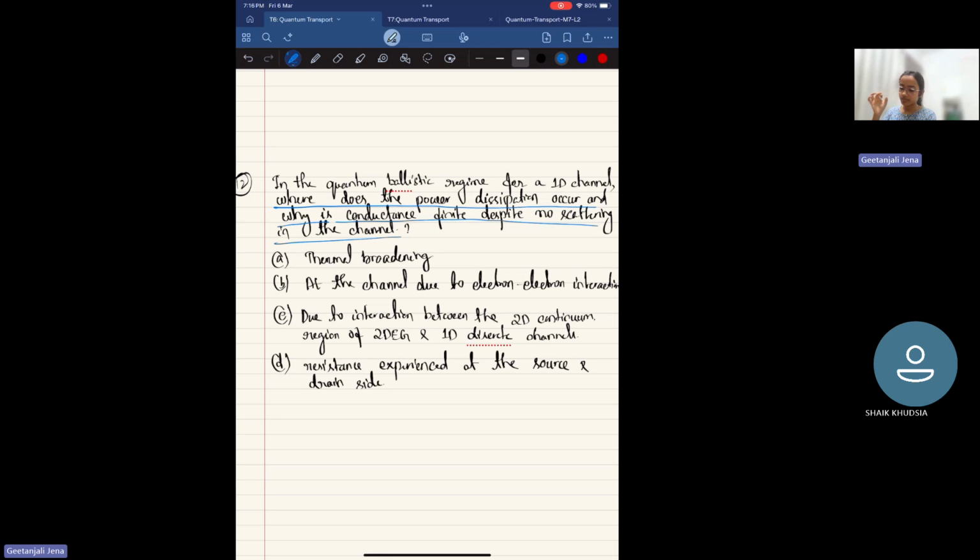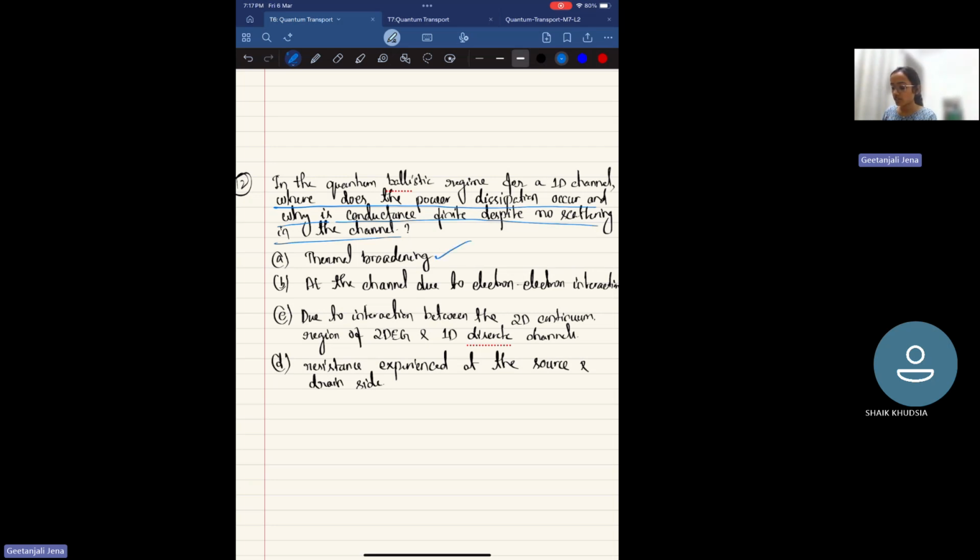The question asks: if you have a quantum ballistic region, then ideally there won't be any scattering. But in reality we see that the conductance is finite and we see a power dissipation. So what is the reason behind this power dissipation and the finite nature of this conductance?